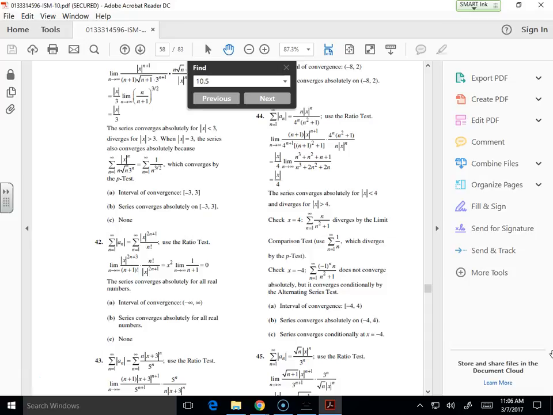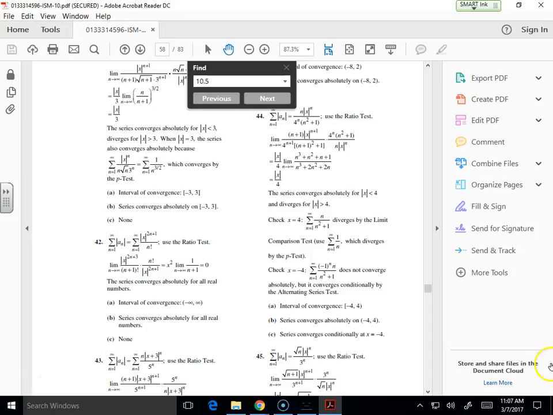And it only works because it's alternating, right? Right. So they're just saying, if we're just talking about conditional, then we can include -4. If we're talking about absolute, it's going to be everywhere besides -4. Does that make sense? But then we put the two together and we say the interval of convergence is the closed interval from -4 to 4.